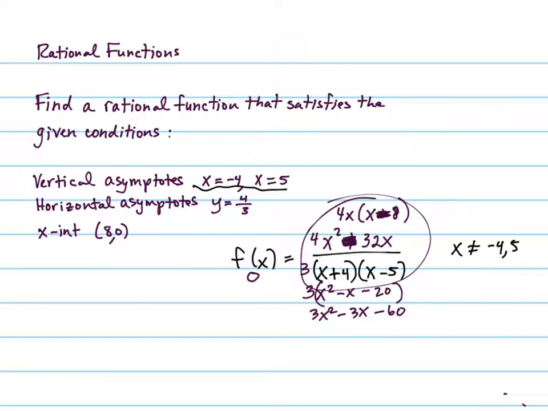Which values of x cause our numerator to be 0? Well, if either x equals 0, which means (0, 0) is an x-intercept, or if x equals 8, because 8 minus 8 would be 0. So if x equals 8, then that would be the other x-intercept.